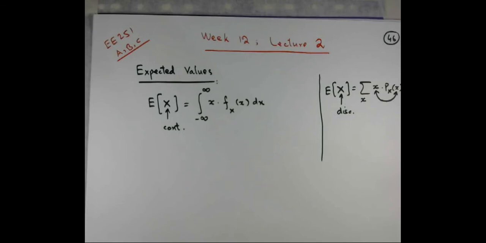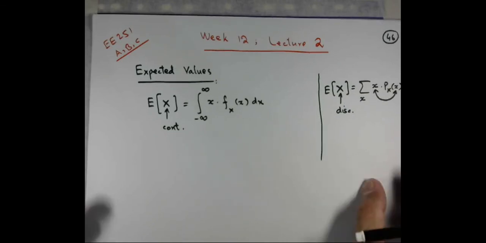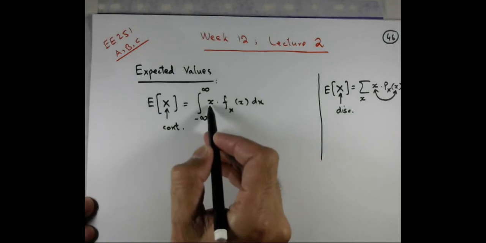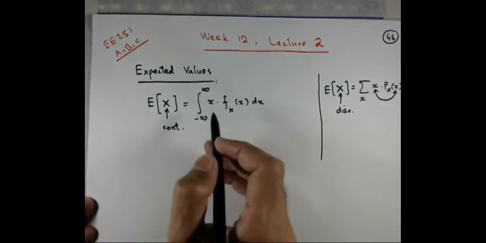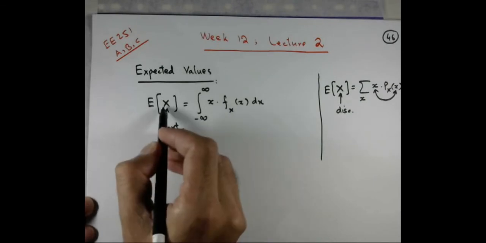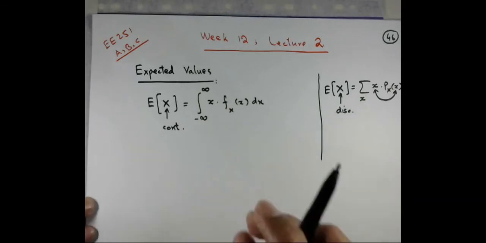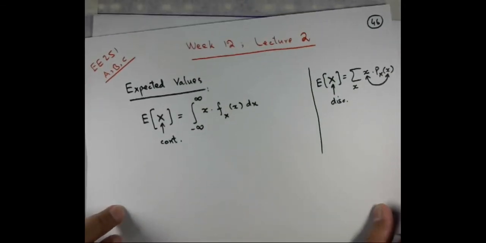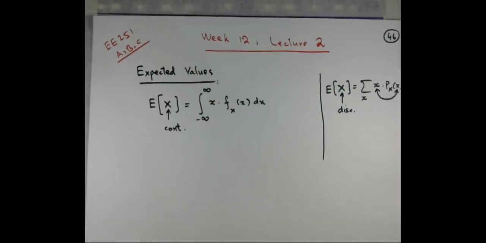So now we see how we write the expectation. You simply take the value of a random variable x. In fact, this is the functional form, and then you multiply it with the PDF of this random variable, and then you integrate it for all the values.